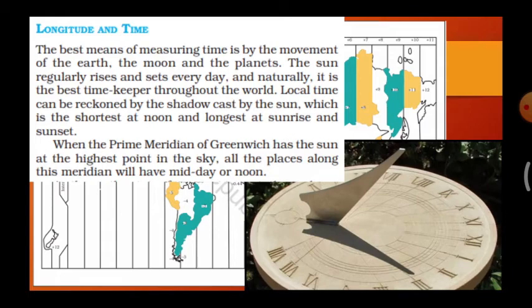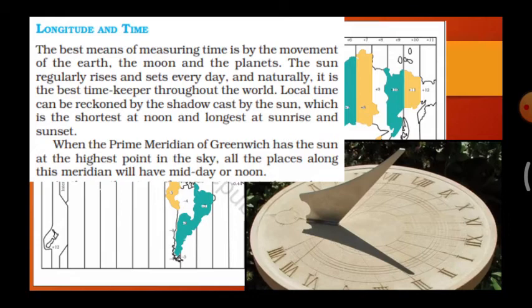Local time can be recognized by the shadow cast by the sun, which is the shortest at noon and longest at sunrise and sunset. When the prime meridian of Greenwich has the sun at the highest point in the sky, all the places along this meridian will have midday or noon.